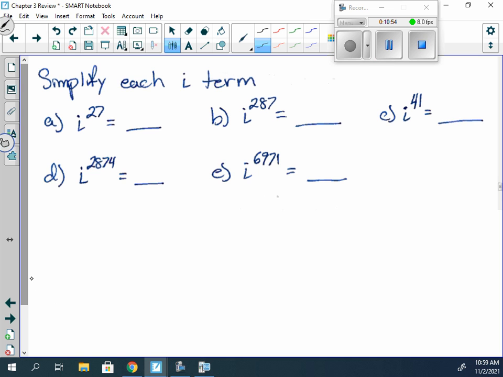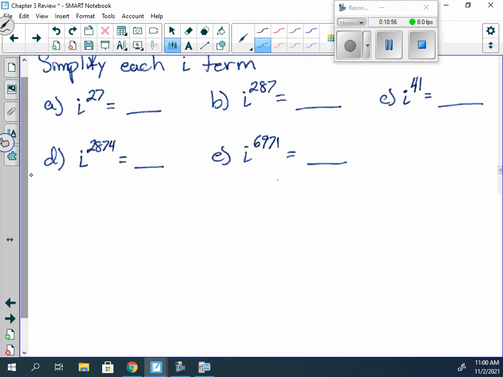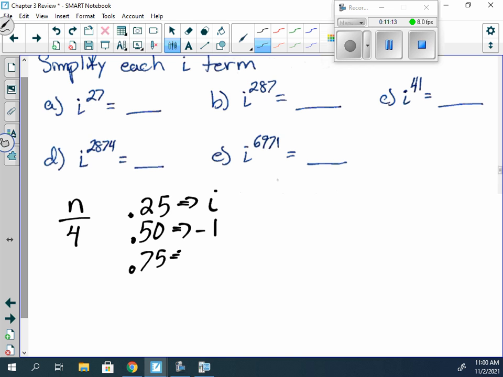All right, the additional review sheet. Whenever we deal with powers of i, we can't have i to a power greater than 1.